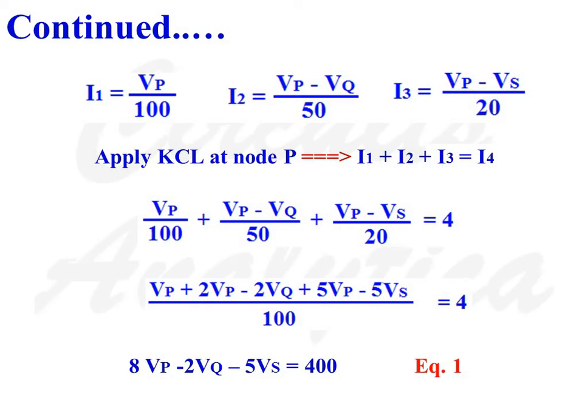So taking LCM as 100, (Vp plus 2Vp minus 2Vq plus 5Vp minus 5Vs) divided by 100 is equal to 4. So 8Vp minus 2Vq minus 5Vs is equal to 400, equation number 1.